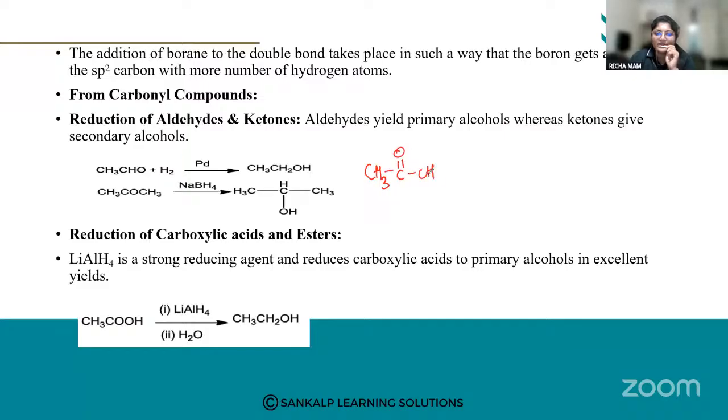This is acetone. I'm going to use sodium borohydride. What will happen? Same, I'm going to add hydrogen. One hydrogen is added here, one hydrogen is added here. So it will be CH3CHOHCH3. So this is the answer. Is it clear, students? So that was reduction of aldehydes and ketones.